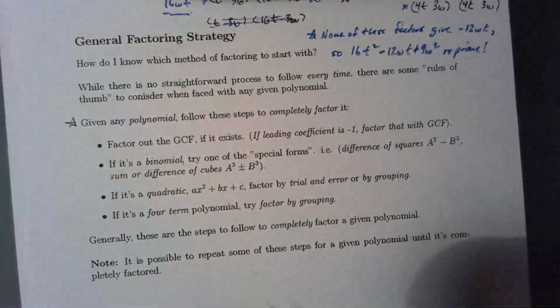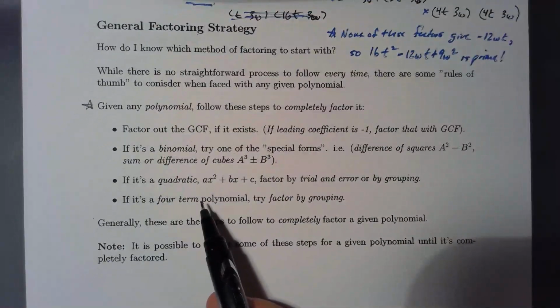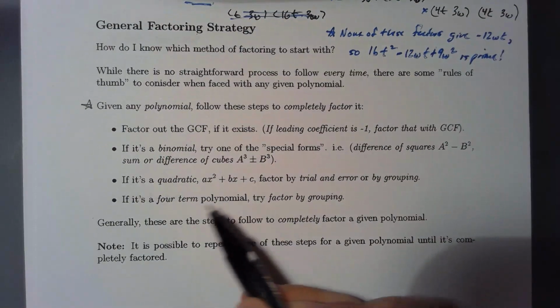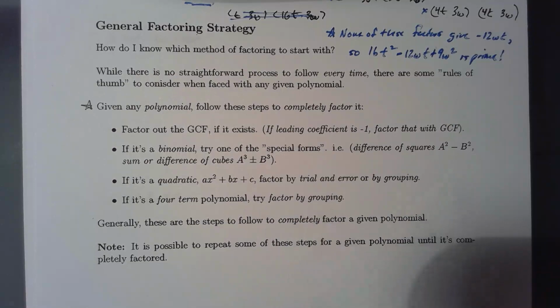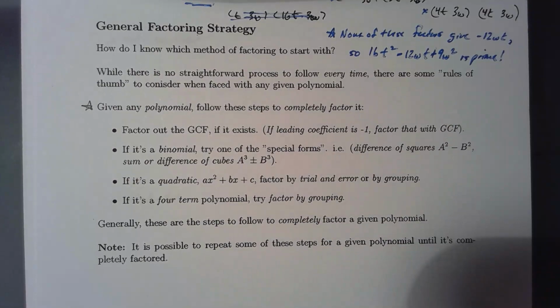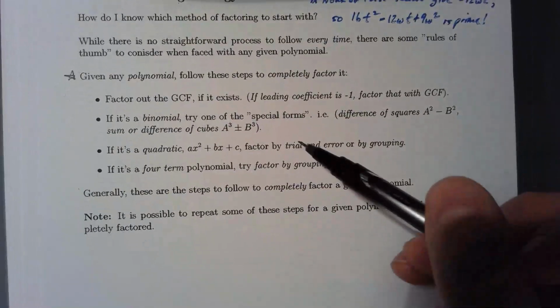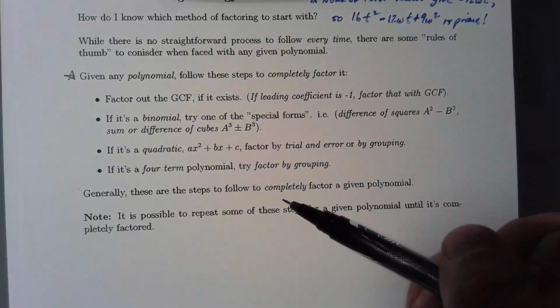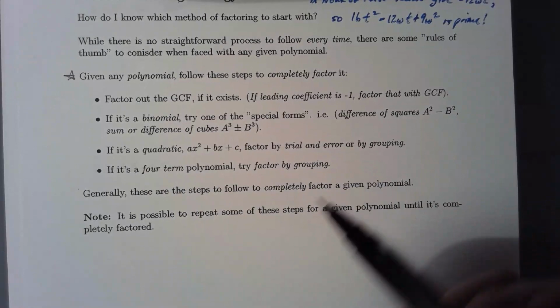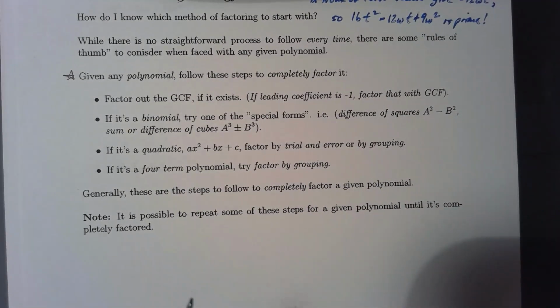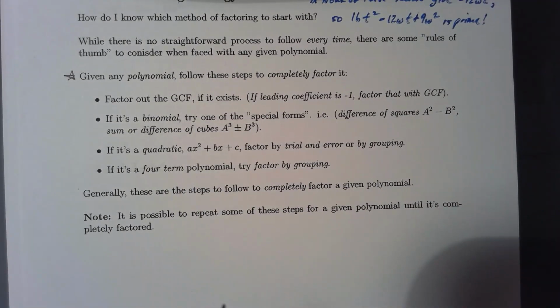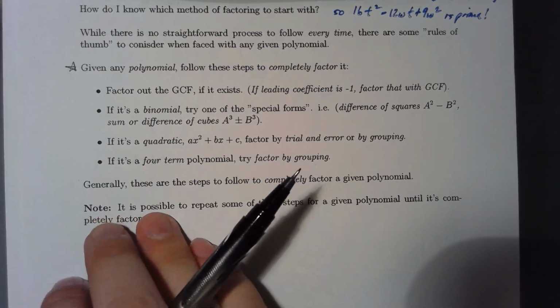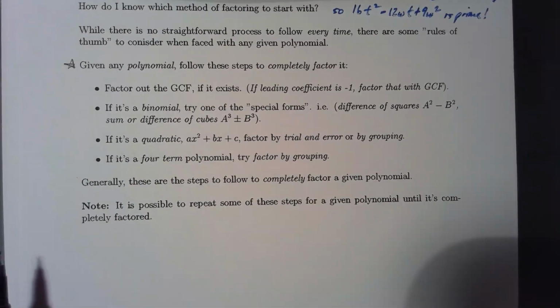And the other strategy we looked at is if it's a four-term polynomial, we factor by grouping. So those are all the strategies we looked at. You want to apply them until the polynomial can no longer be factored, at which point you're done.